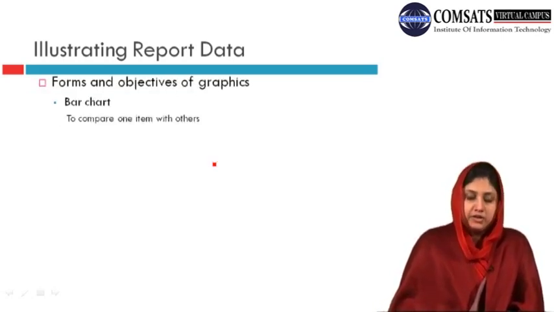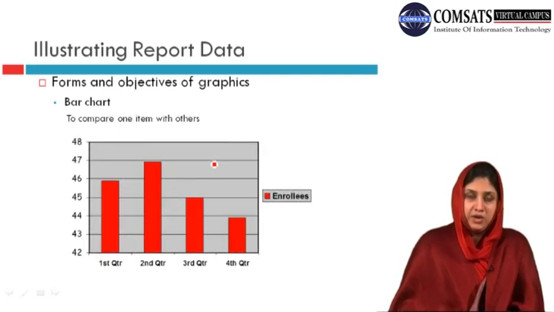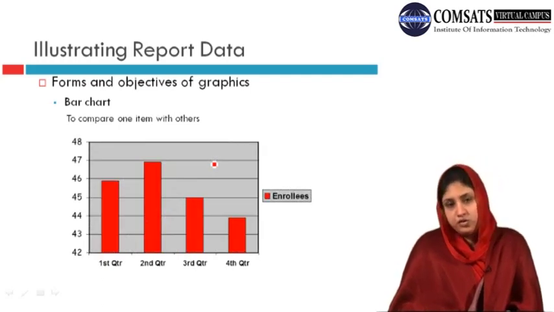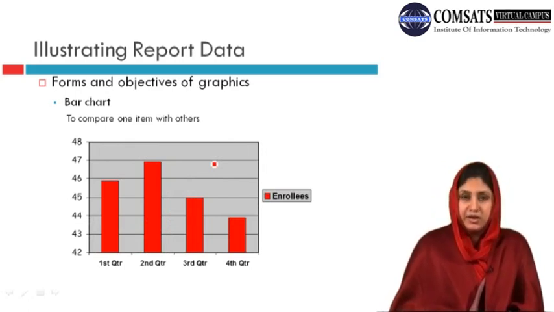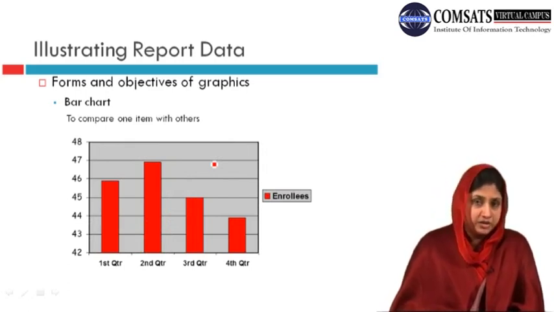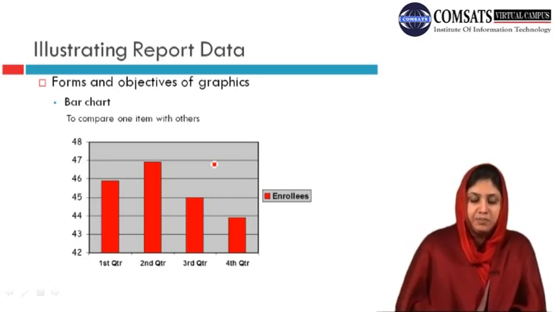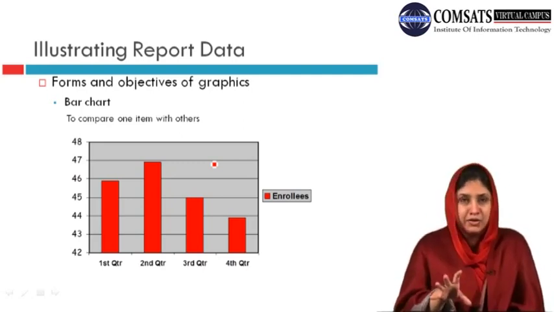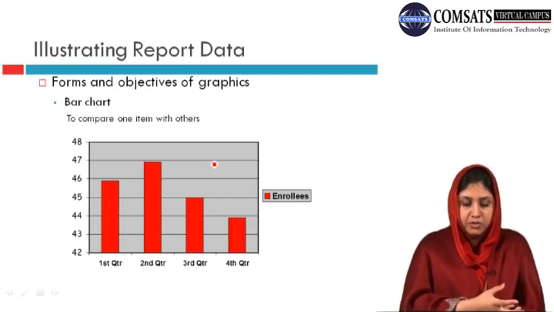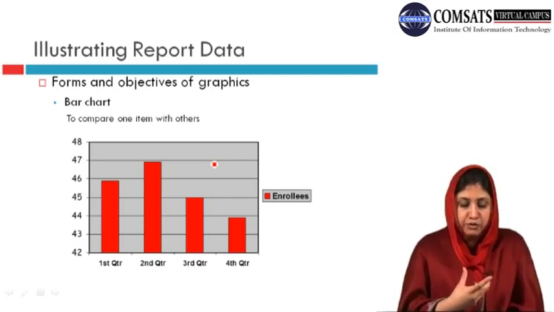However, bar charts are used to compare one item with others. So if you use a visual aid in order to provide comparisons, you need to go into charts and explore what charts you can use for this purpose. Like a bar chart, you can always see that these bars enable you to have a clear contrast and comparison between the four items that they are showing: first quarter, second quarter, third quarter, and fourth quarter.